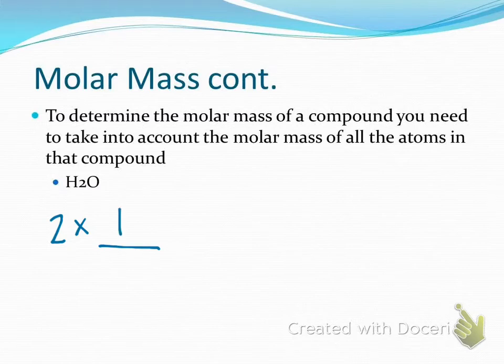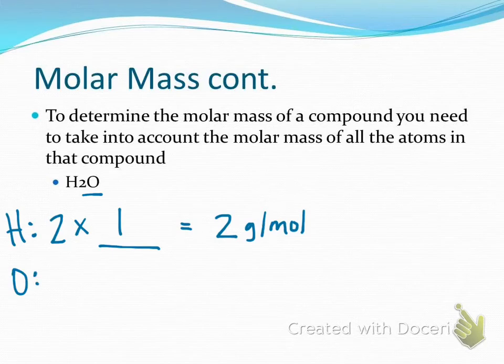When we're really close to a whole number, like hydrogen, carbon, oxygen, nitrogen, right? All of those guys, our really most used ones, are very close to whole numbers. We can keep them at a whole number, okay? So that gives us 2 grams per mole. How many oxygen atoms do we have? 1.